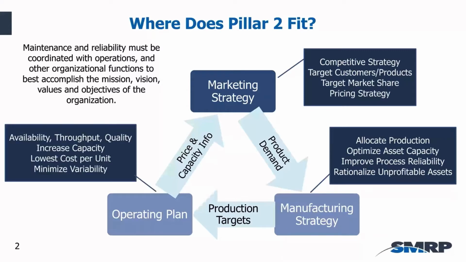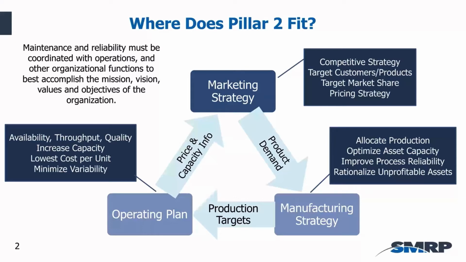In the operating plan, we were mainly concerned with things like availability, throughput, and quality, or OEE. We're looking at increasing capacity. We wanted to produce at the lowest cost per unit, minimize variability, and, of course, have higher degrees of quality and customer satisfaction.